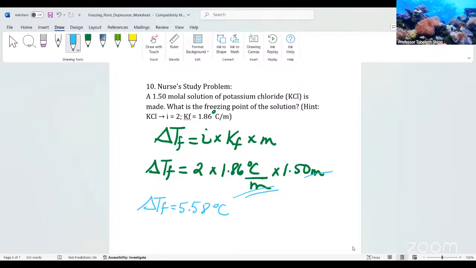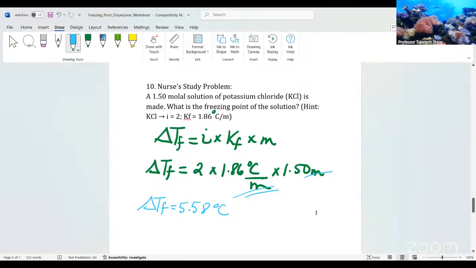All right. So I hope that these problems have been very helpful for you guys. And one other thing too, because this was talking about the freezing point, okay? They said, hey, what is the freezing point?